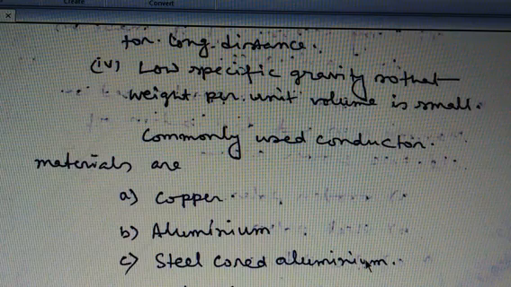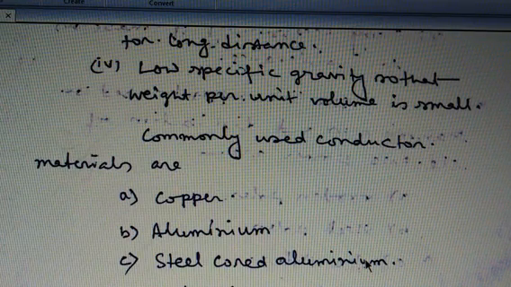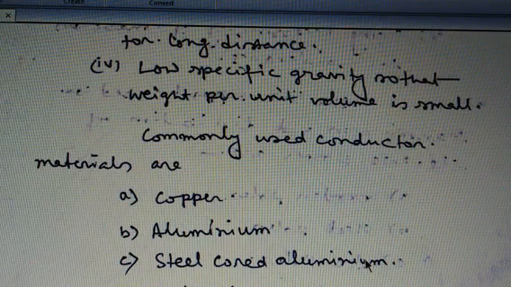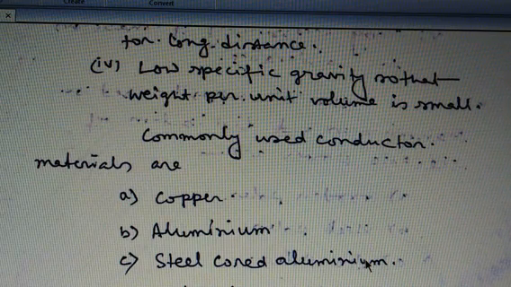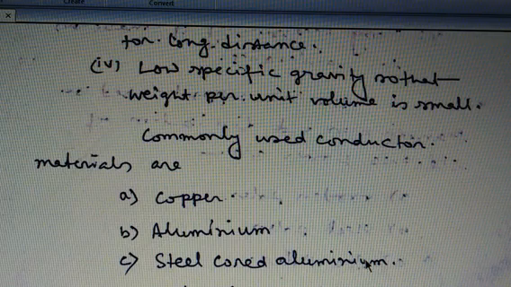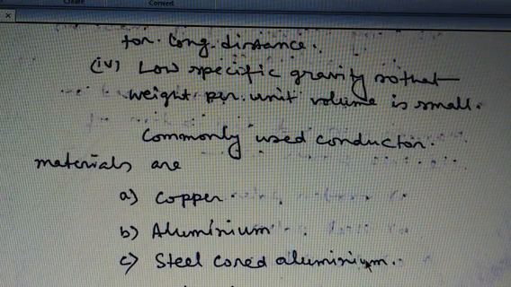First point, the reinforcement of steel increases the tensile strength, but at the same time keeps the composite conductor lighter. Therefore, the steel cored aluminium conductor will produce smaller sag and hence longer spans can be used. Next advantage, due to smaller sag, towers of small heights can be used.